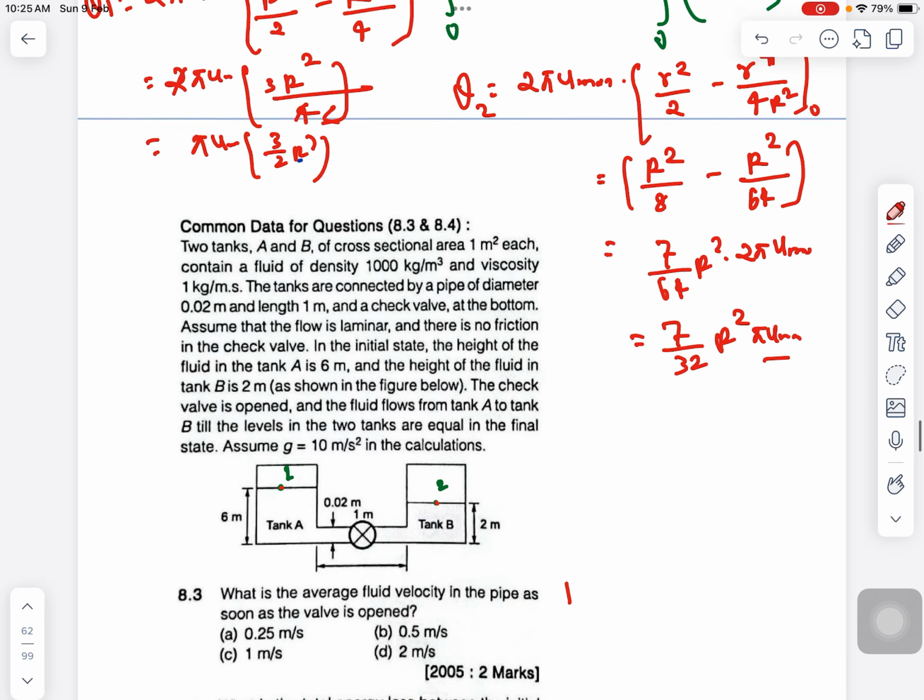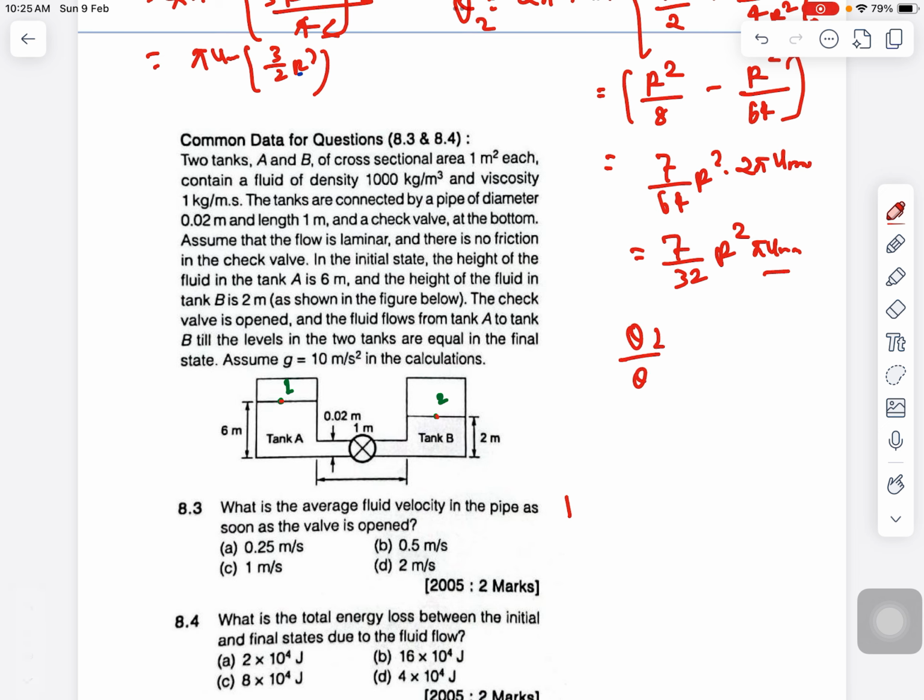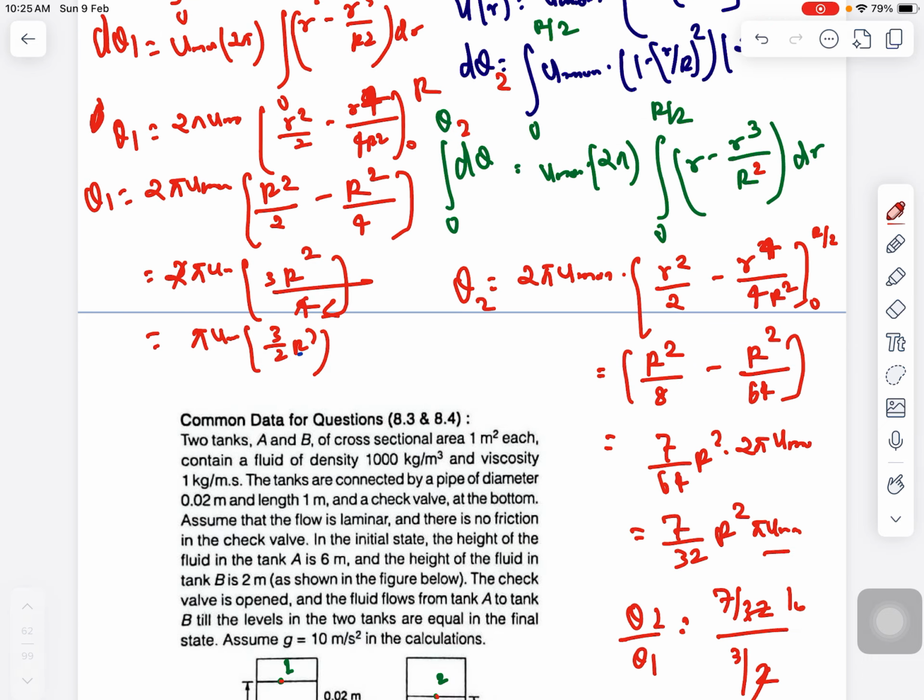So when you calculate these things, Q2 by Q1, you will be getting 7 by 32 divided by 3 by 2. So finally you will be getting, sorry, this will be 1 only.